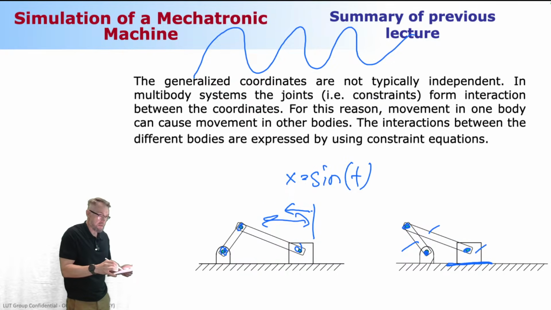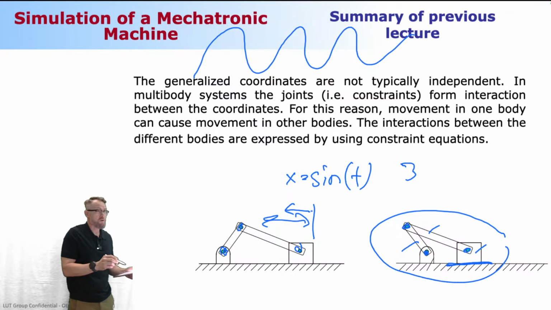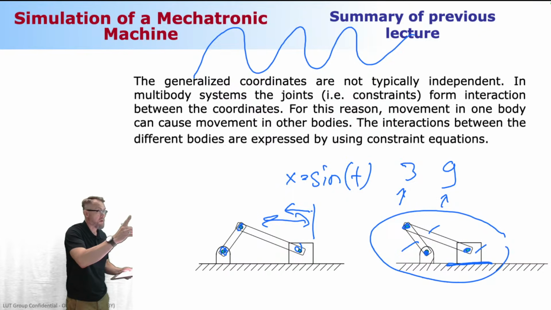3. Okay, so 3. Any other proposals? We're looking at this system. How many coordinates do we have in this system? 9. Okay, then there's a 9. Any other proposals? So we already have people saying 3 and 9. Which one do you like more?